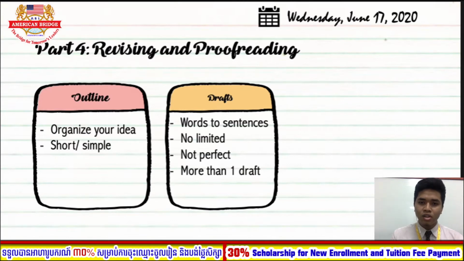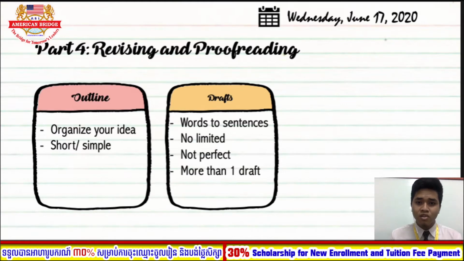Remember, a draft is not supposed to be perfect because you can change along the way. Moreover, don't expect to write only one draft, because if you want your writing to be good, there should be more than one draft. You need to write more in order to improve your writing.